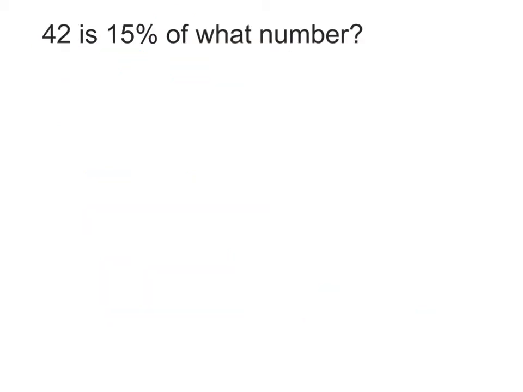Here's another problem where we're looking for a different unknown. 42 is 15% of what number? Now in this case, we said the whole almost always comes after the of. You can see that we're looking for the whole. That would be our x, just after the of. And of course the 15% is always the easiest thing to find.